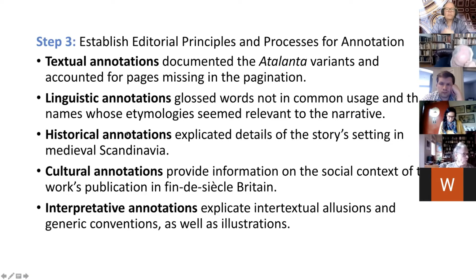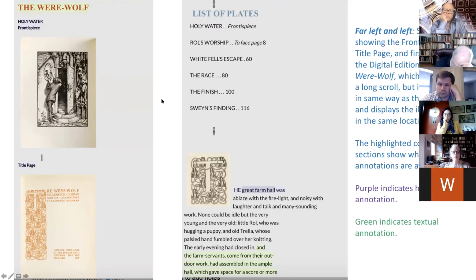The COVE annotation tool offers preset filters. So once our edition was up in COVE Studio and annotatable, we could start annotating it, but we had to have our principles in place before we could actually annotate it.